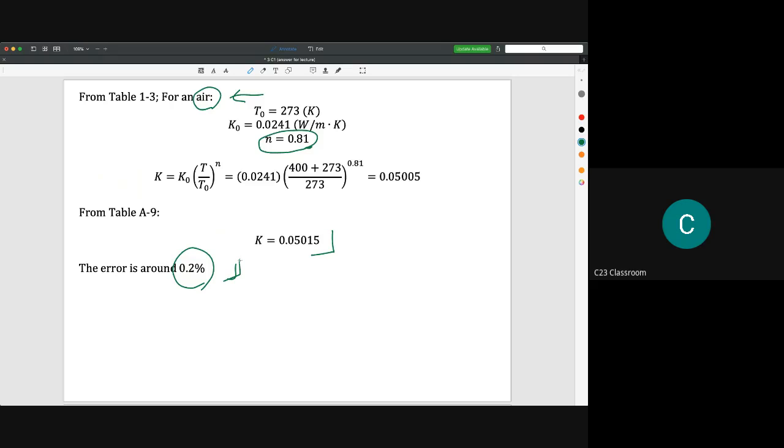Because the way the tables are developed, they are actually based on experiments and also on calculation. I personally would like to say that we still don't know what actually happens when we increase the temperature of certain gases, because the prediction of the molecular movement is just a prediction.